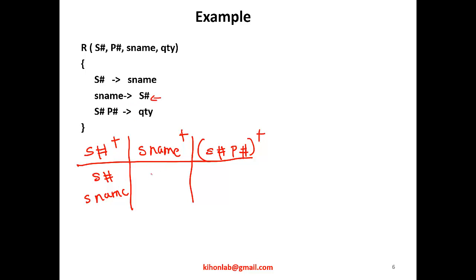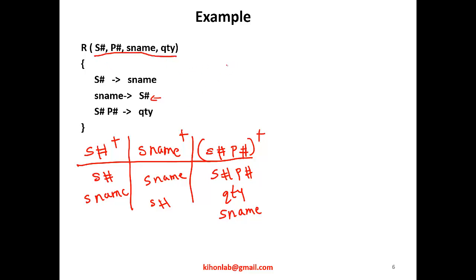Then S name derives S name and S#. And S# P# derives S# P#, then quantity. S# derives S name and S name derives S#. So from this attribute closure, S# P# derives all the attributes present in the given relation: S# P#, S name and quantity.